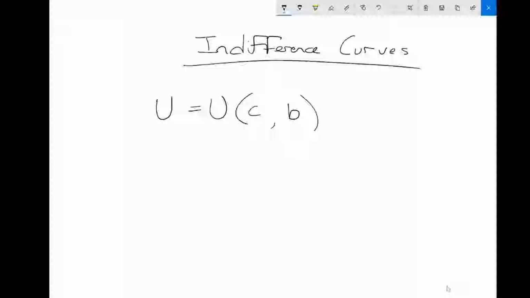Now we're going to say that this utility function is modeling an agent's preferences. We can use it later, although not today, to describe their decision making as to how many cups of coffee and how many bagels to buy.